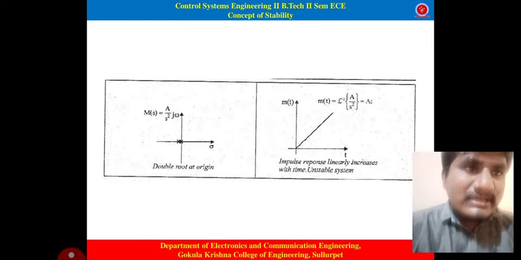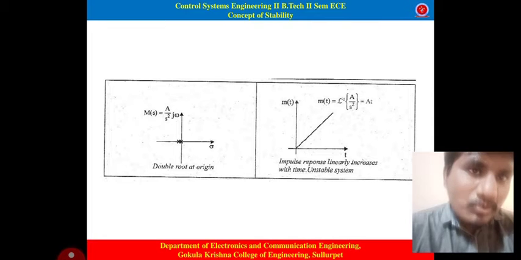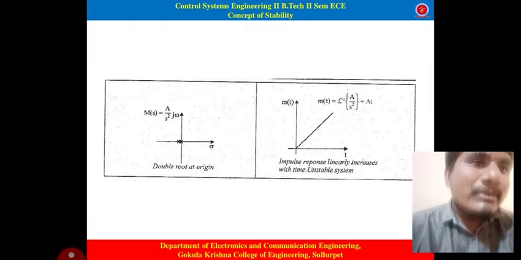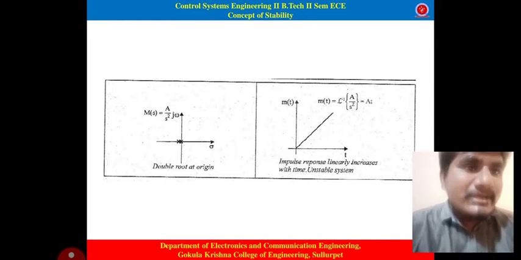Okay, similarly here in this example, we have taken double poles. Previously just a by s, so s is equal to 0 is the pole, but now a by s square, so we got s is equal to 0 and one more s is equal to 0. So two poles are there, and that time m of t is simply at. So it is purely increasing.